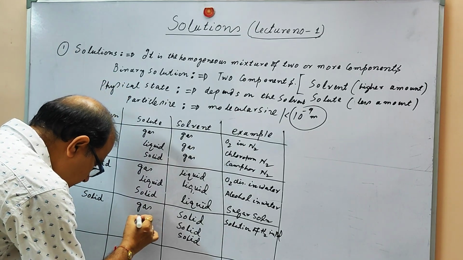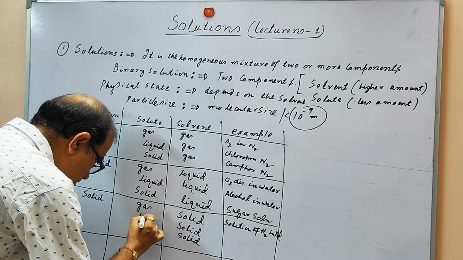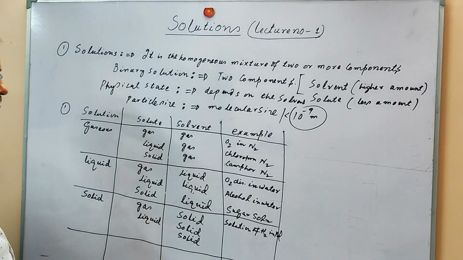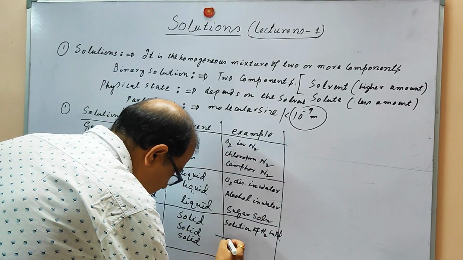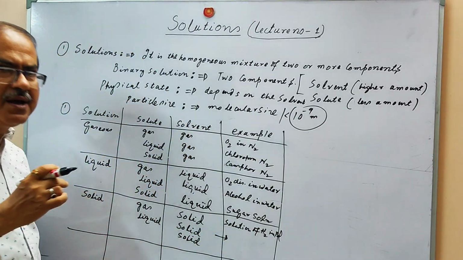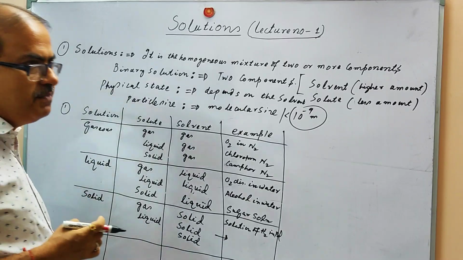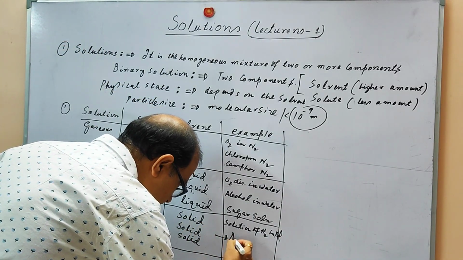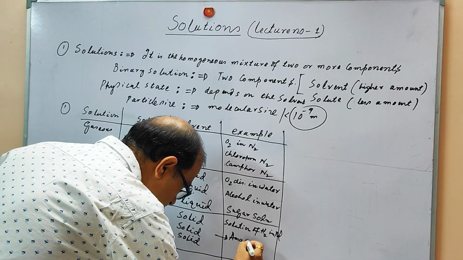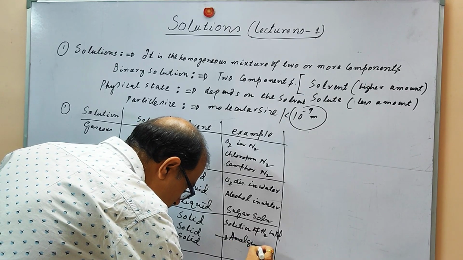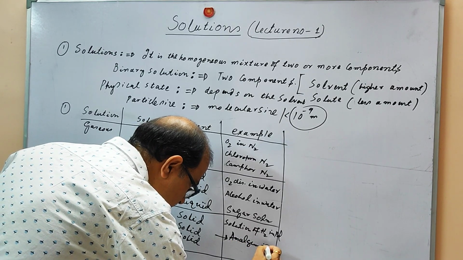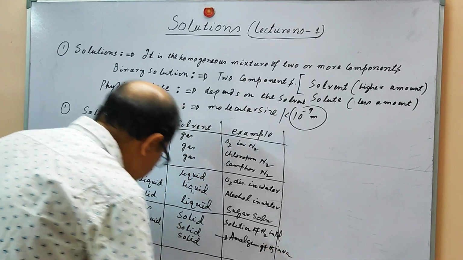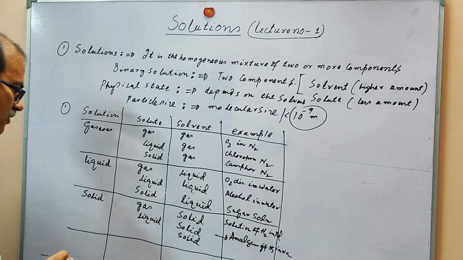Second, liquid in solid. Liquid in solid is the amalgam of Hg, mercury, in sodium.